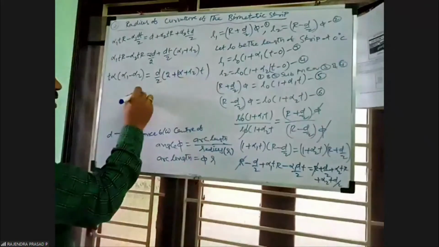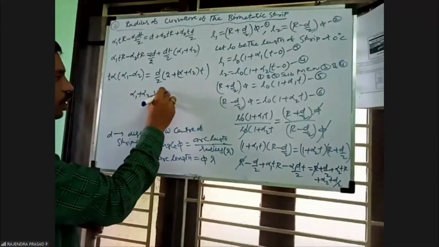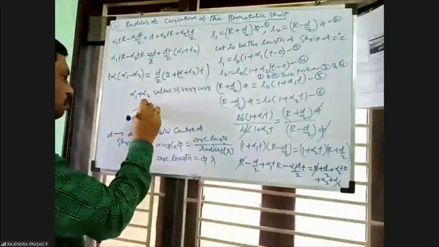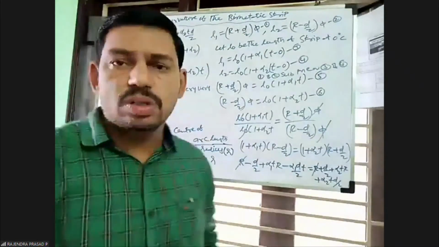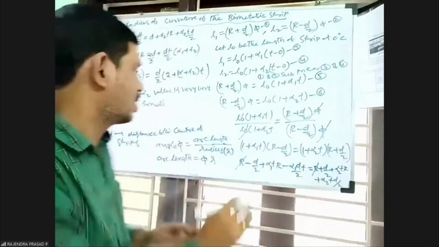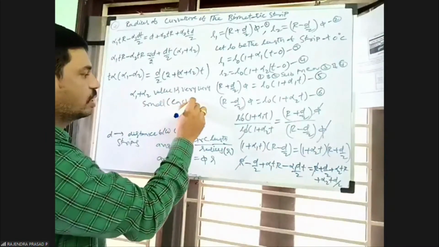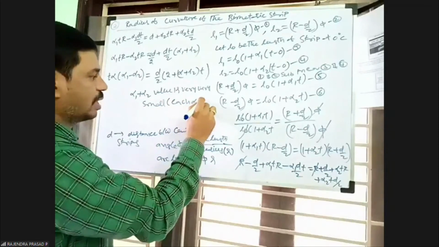The value of alpha 1 plus alpha 2 is very, very small, because each alpha value is of the order of 10 power minus 6.